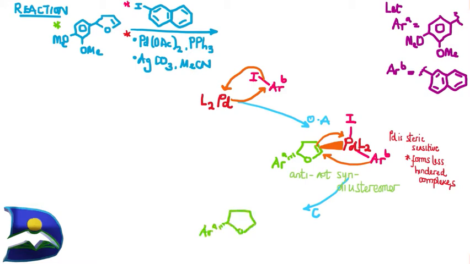Therefore we are going to form, as we recognize, an anti, not syn, formation in there, while we have our palladium positioned in the same direction, which is also syn to that of aromatic B. So the next step, which involves beta hydride elimination, will then have to look at the hydrogens that are syn, not anti, to the palladium carbon bond.